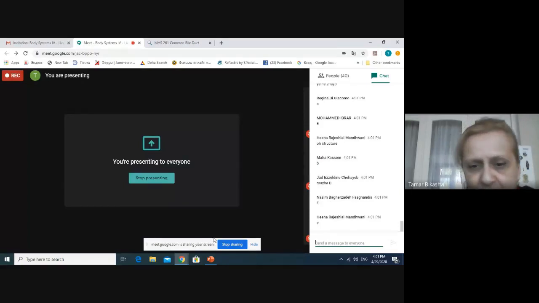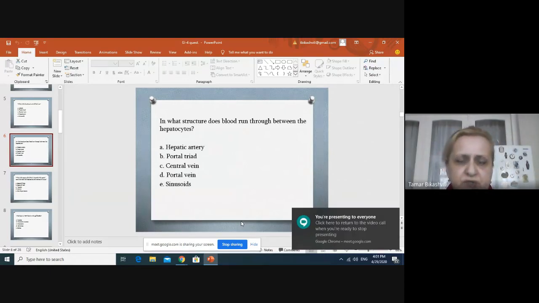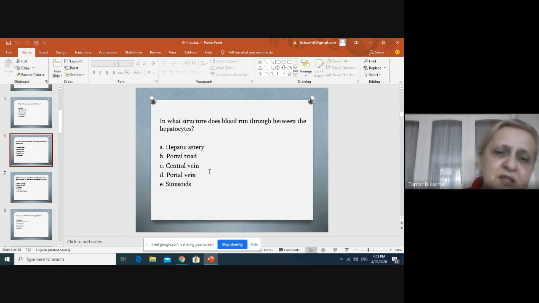E, of course. Sinusoids, yes, sinusoids are between the hepatocytes. And then the sinusoids run in the direction of the central vein, and the blood continues to flow. The sinusoids, then the central vein.